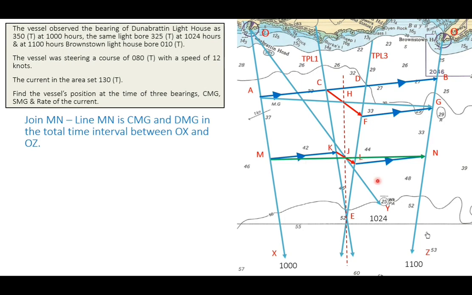With this green color line, we complete our plot. This green color line, Mike to November, represents our course made good vector from 1000 hours to 1100 hours. So MJN, Mike Juliet November, is my course made good. It also represents my distance made good in this interval.